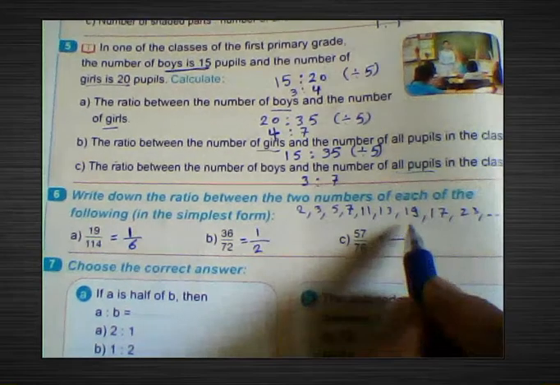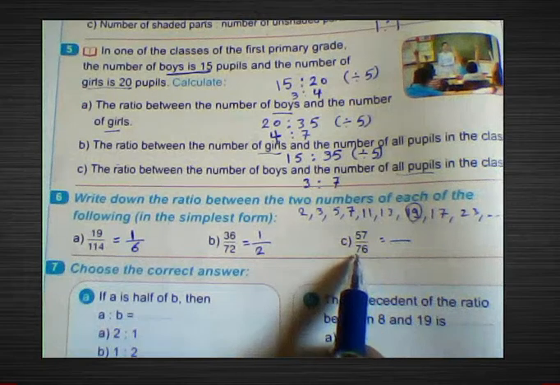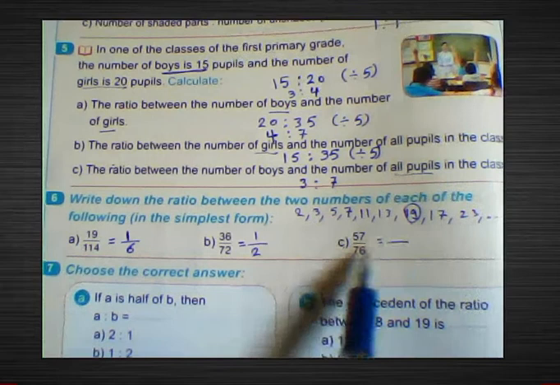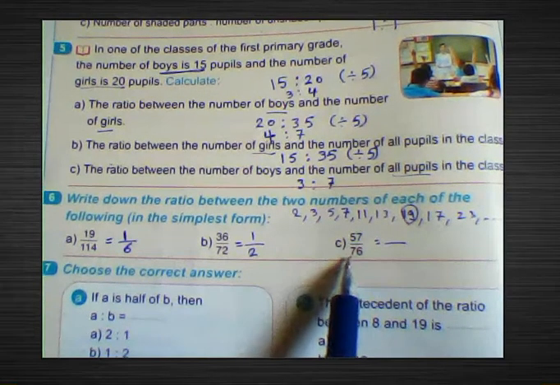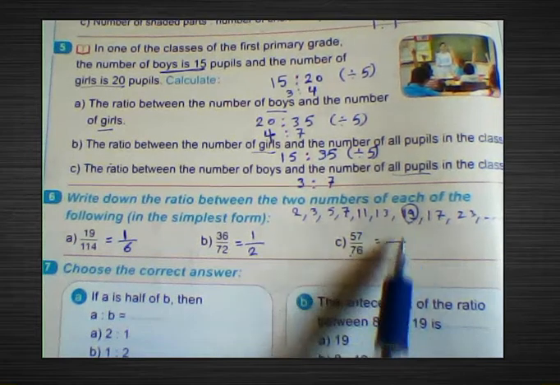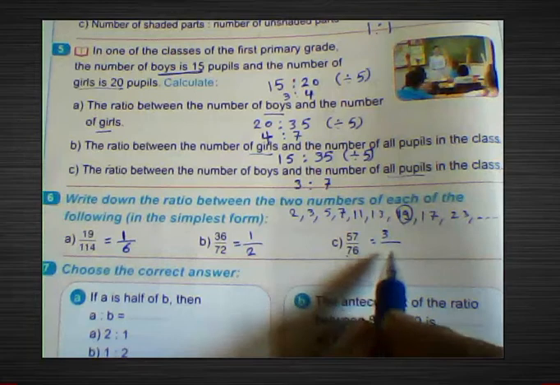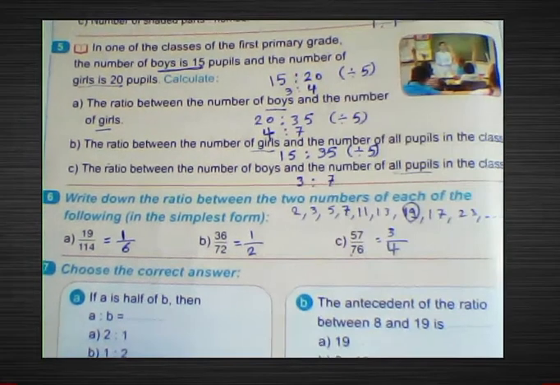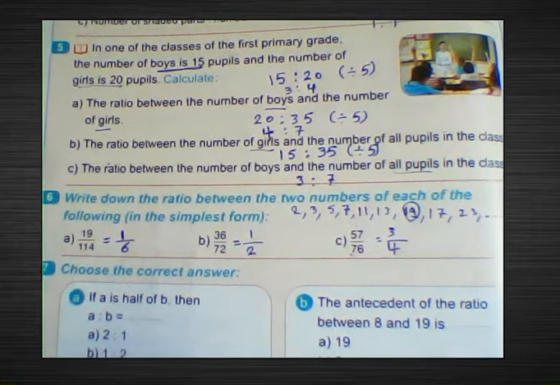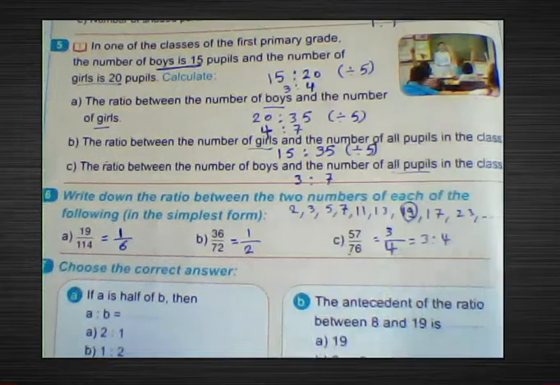So we can divide 57 and 76 by 19, because it's the highest common factor of 57 and 76. So 57 divided by 19 equals 3, and 76 divided by 19 equals 4. So the result will be 3 over 4 in the simplest form. Or we can write it 3 to 4, as you like. Okay, it's true.